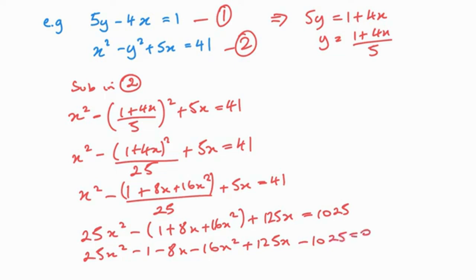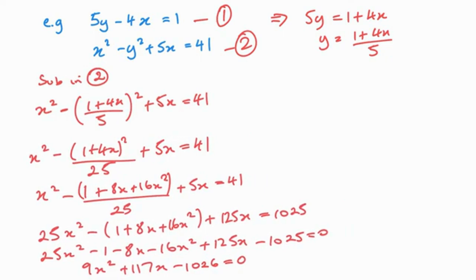So 25 take away 16 is going to give me 9x squared. 125 take away 8 is 117x. And then minus 1 and minus 1025 is minus 1026. Which works out nicely now as all of these will divide by 9. Just going to move this over, give myself a little room.